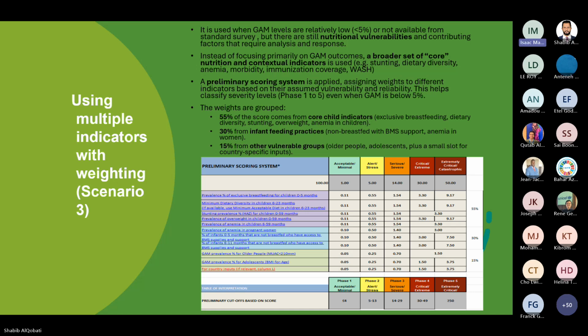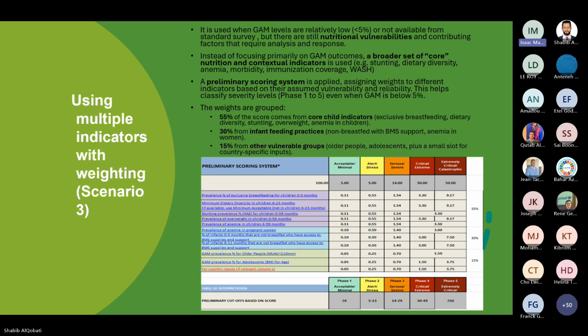In terms of the weighting, they are grouped into 3 key areas. 55% of the scoring comes from core child indicators, which are either exclusive breastfeeding, dietary diversity score, stunting, overweight, or anemia in children. 30% of the score is towards infant feeding practices, looking at either non-breastfed with BMS support, anemia in women, or any other indicator that fits under infant feeding practices.